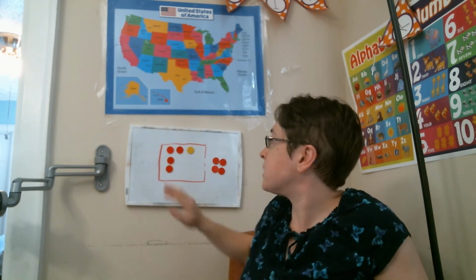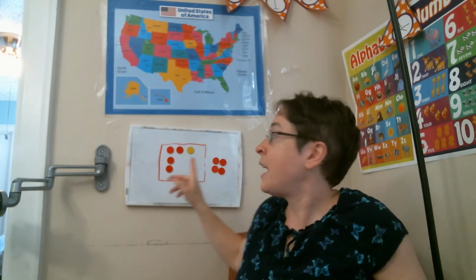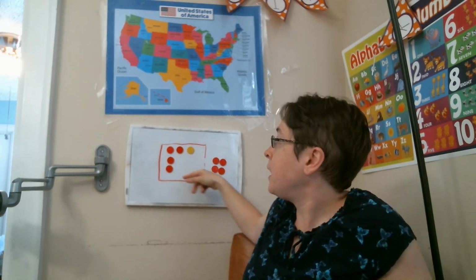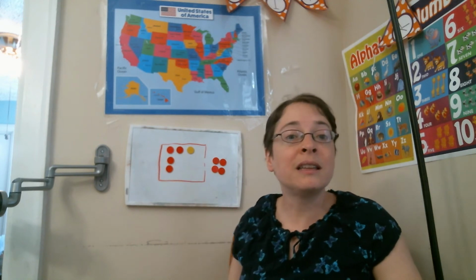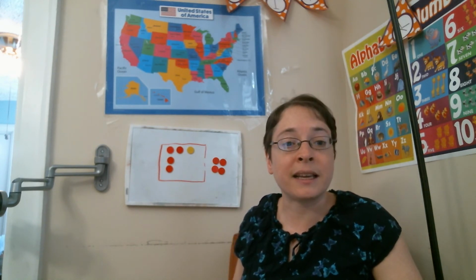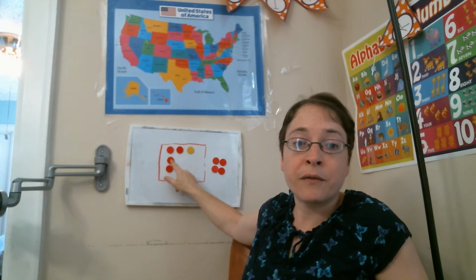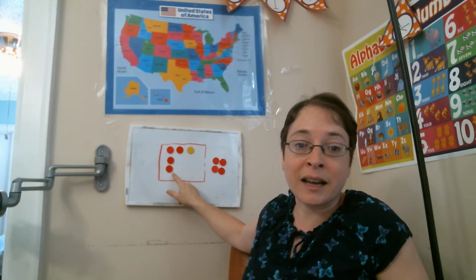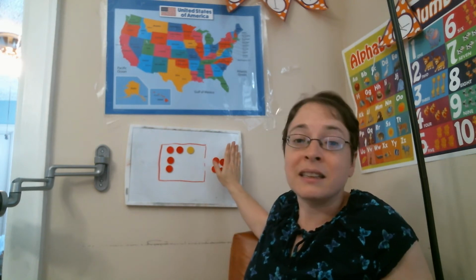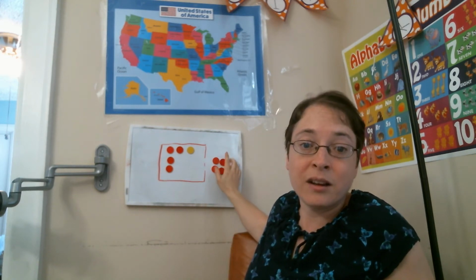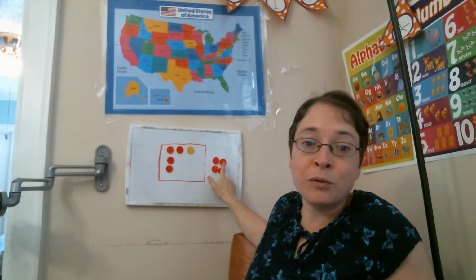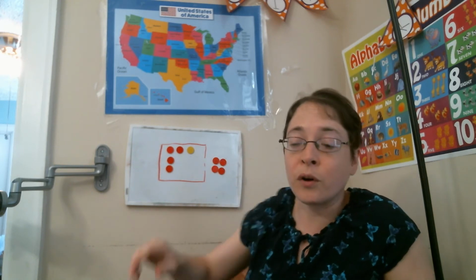So I moved some. Now, how many do I have left on the picnic blanket? 1, 2, 3, 4, 5. Very good. And how many left the picnic blanket? 1, 2, 3, 4.